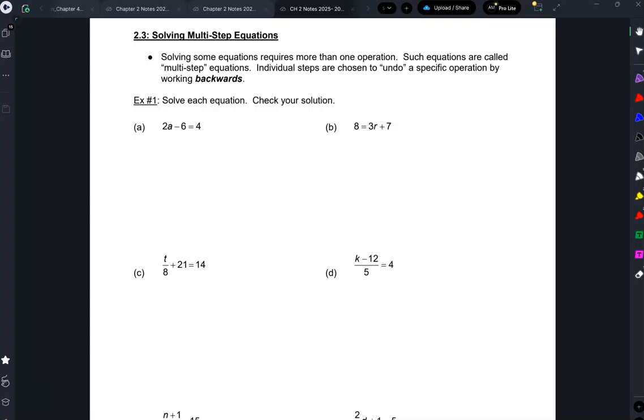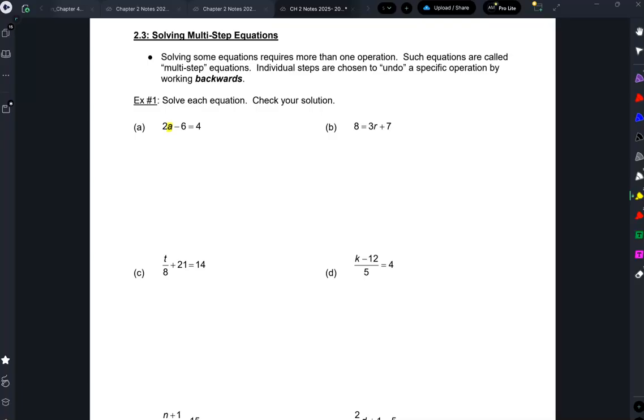Where is the variable? It's a. What is being done to a though? We're multiplying it by 2 and then we're subtracting 6. So we have to undo all of that. We have to undo the subtraction of the 6 and then we have to undo the multiplication.